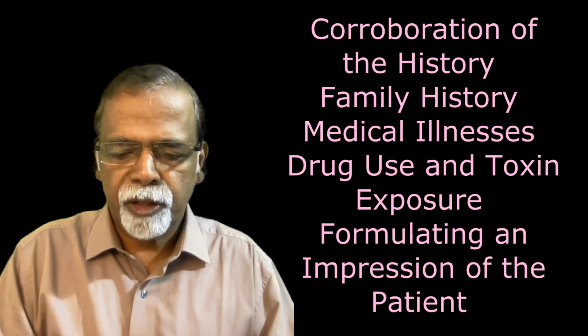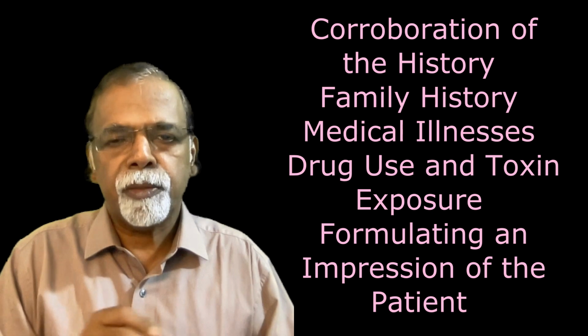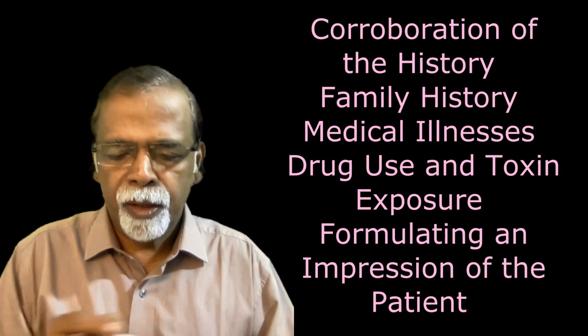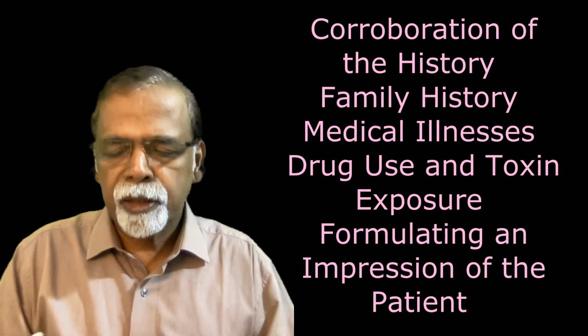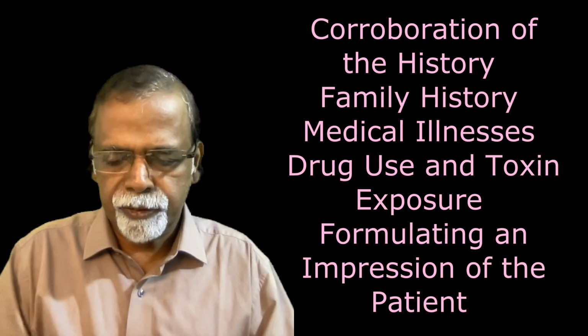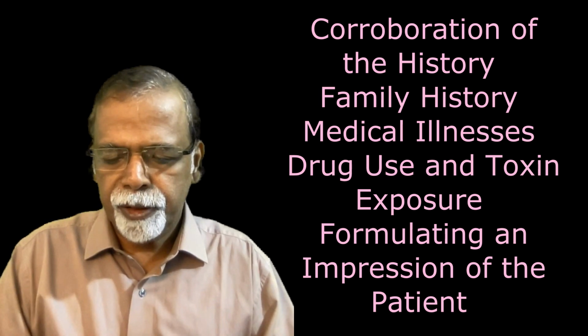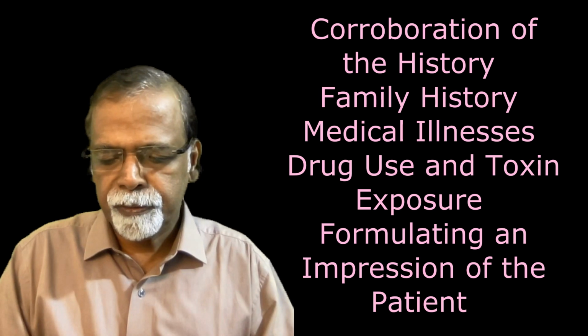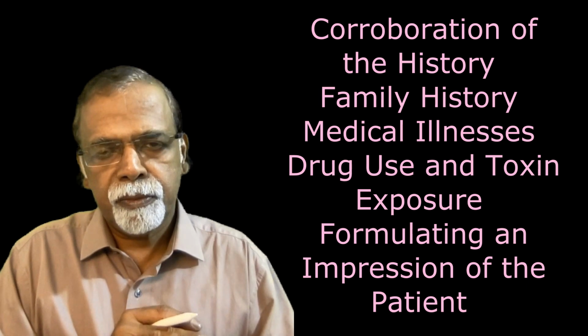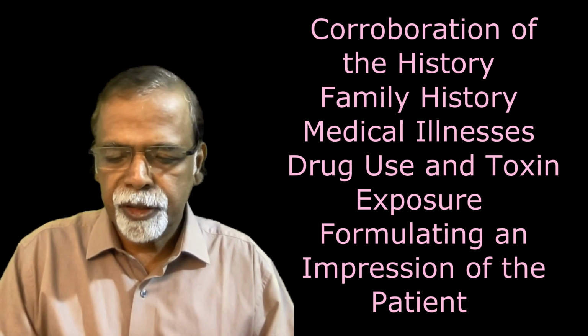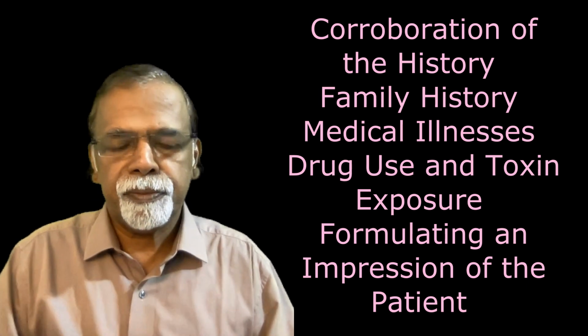So always get a family history. Family history is very important. And again, remember, most of the neurological problems are secondary to a medical illness, like diabetes mellitus, hypertension, or some infections. So a proper medical history, again, is very important.